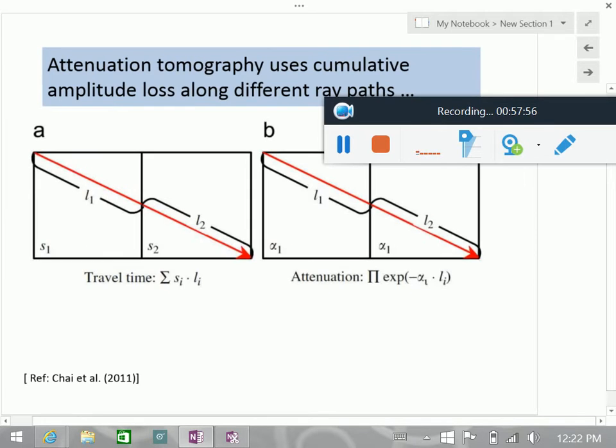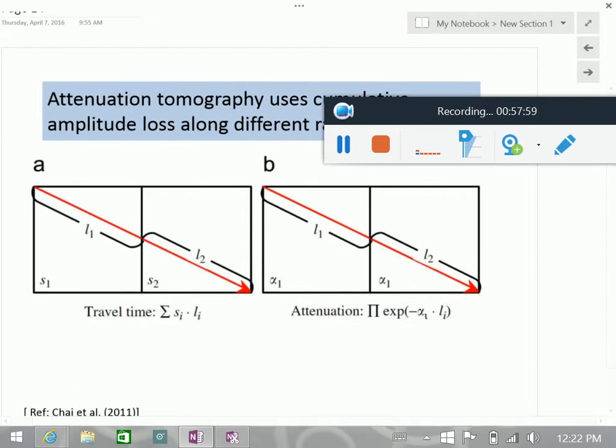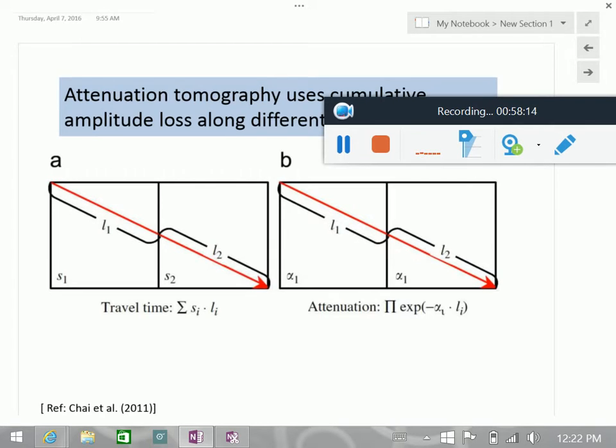Now, travel time tomography is not the only tomography we can do. Especially recently, people are also doing attenuation tomography. So here, this is from a different reference. So this Li amounts to Dij. So in travel time tomography, we try to look at the summation of Sj Dij.